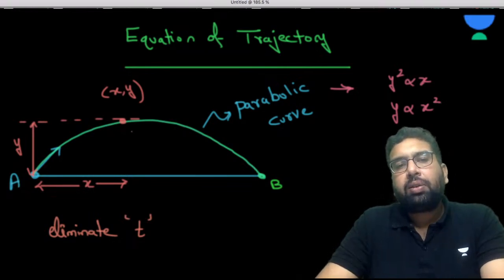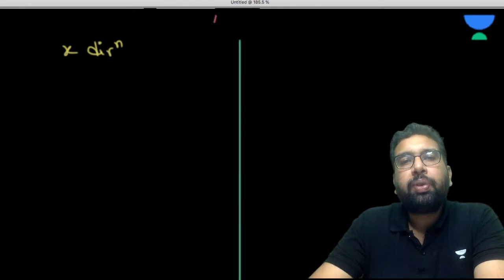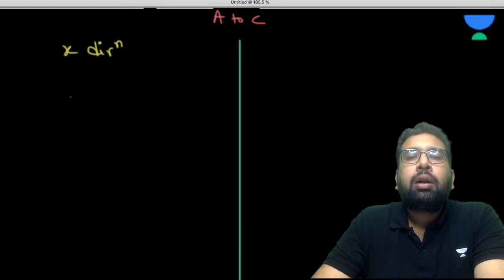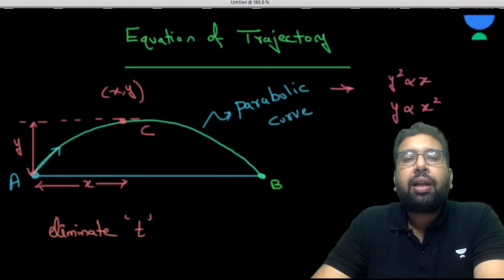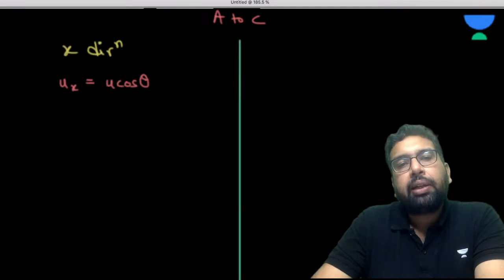Now let's call this point C. If I consider the motion from A to C, let's apply the equation of motion in the x and y directions separately. In the x direction, the initial velocity is u cos theta. There is no acceleration in the x direction, we know.